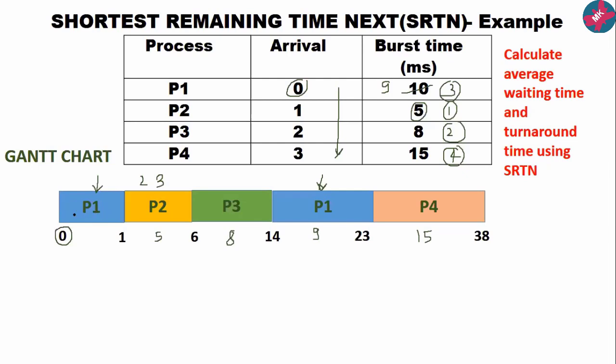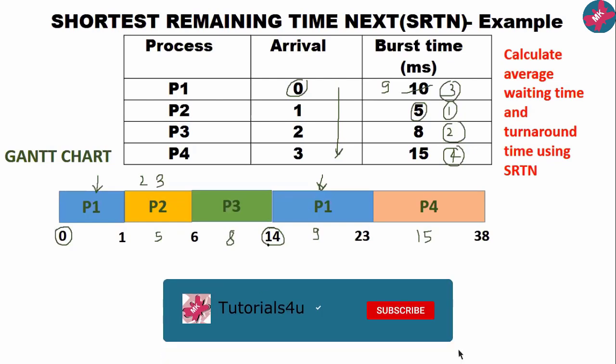At this point, the entire burst was not executed, isn't it? The second time, it was given a chance to execute the 9 milliseconds. The starting time of the second run of P1 is 14, right?